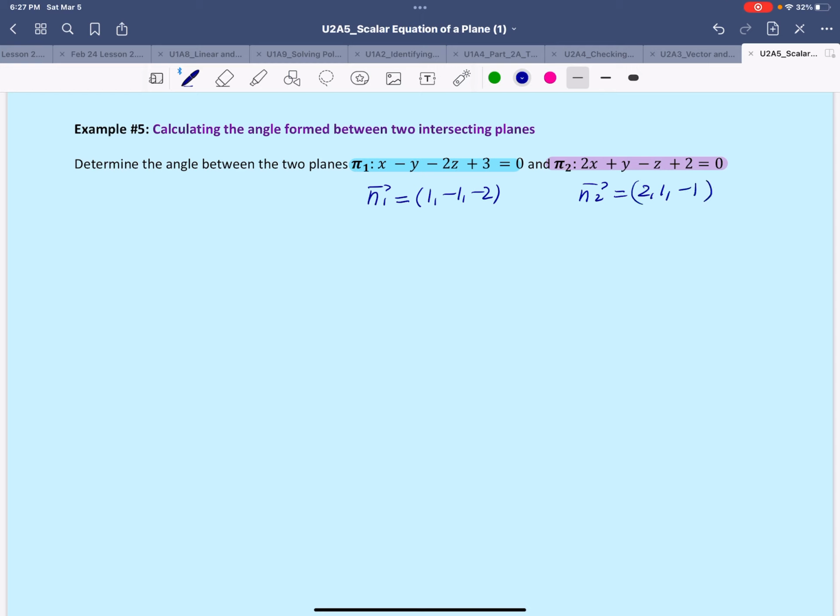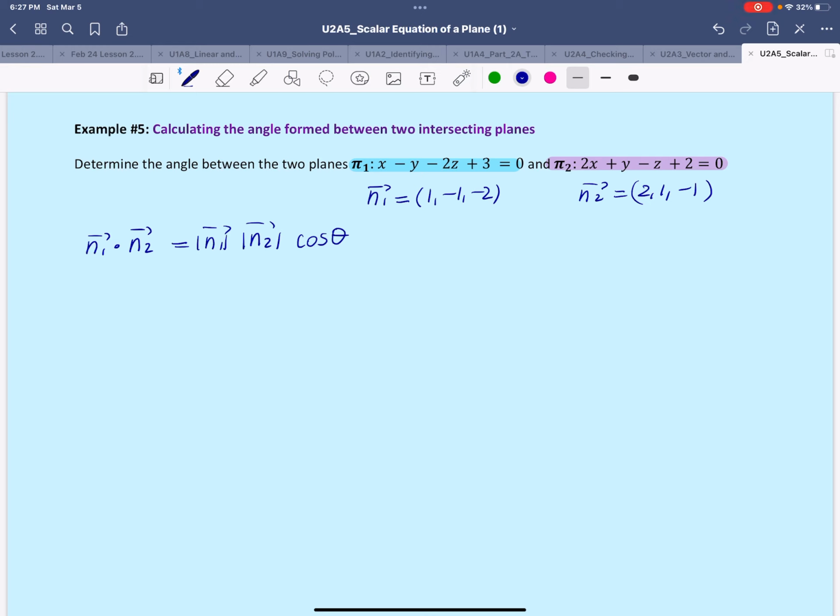We're going to say that the angle made between these two normals can be found by the dot product formula, which is magnitude of n1 times magnitude of n2 times cosine of angle theta.